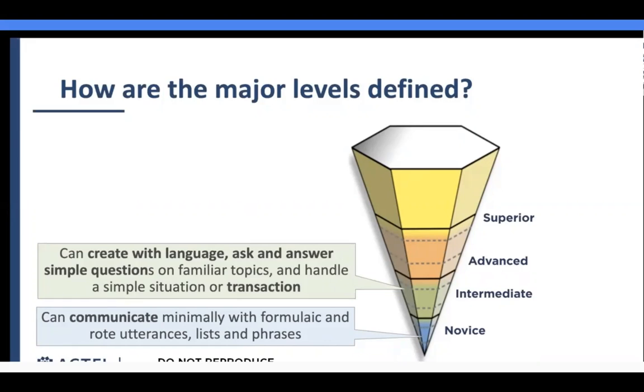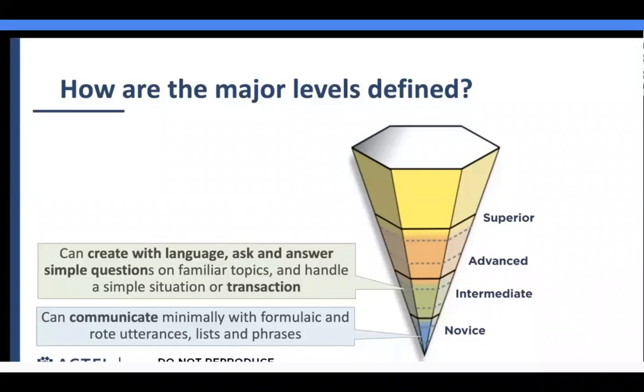As long as it's within familiar range on familiar topics, and they can usually handle a simple situation or a transactional situation, like at the market or buying something at a restaurant, a simple situation in which they would have to ask or answer simple questions on familiar topics that they know.